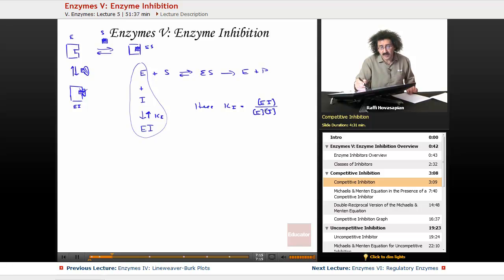Products over reactants. These are the reactants, this is the product. This K sub I is the equilibrium constant for the formation of the enzyme inhibitor complex, or it's the dissociation constant, if you will, for this complex, depending on which direction you want to take it. It will show up a little bit later, but we're not really going to be doing too much with it. It's just something that you should know.